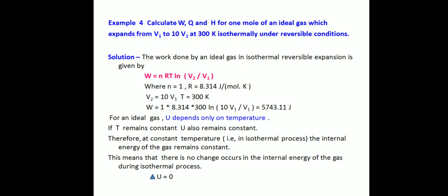So we have calculated W. Now for the Q and delta H, we must apply some logic and previous concepts which are already discussed in the previous lectures, like capital U, that is internal energy, depends only on the temperature. That is, capital U is the function of temperature only.